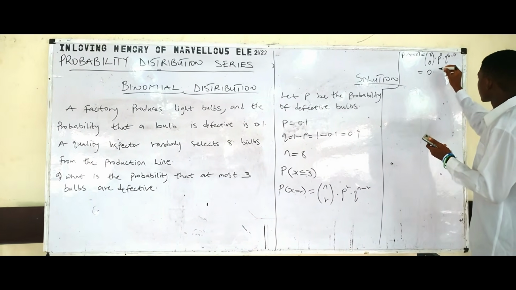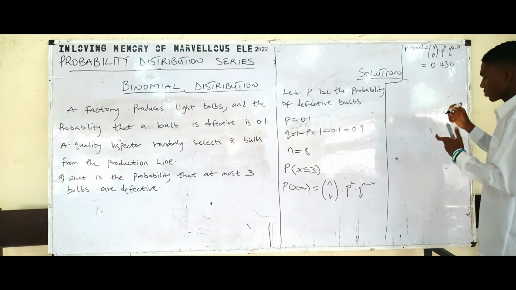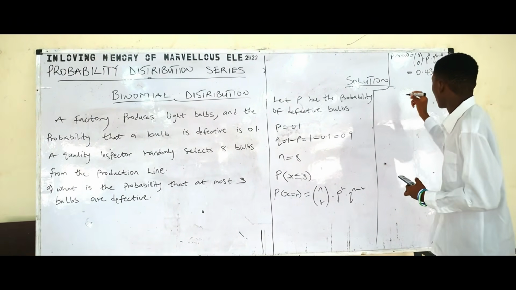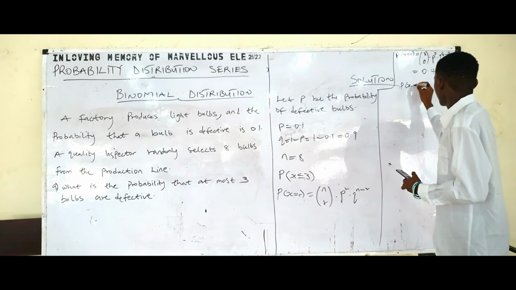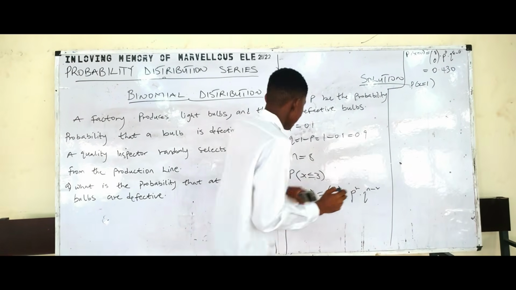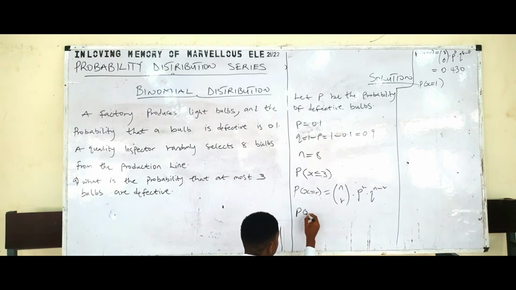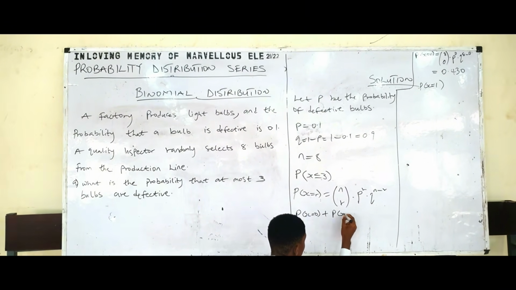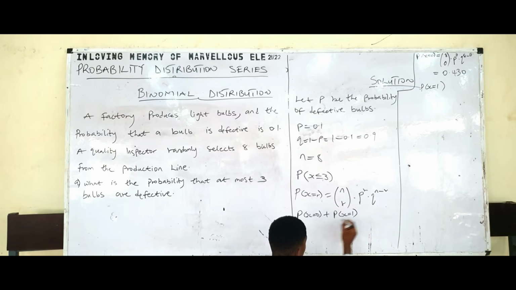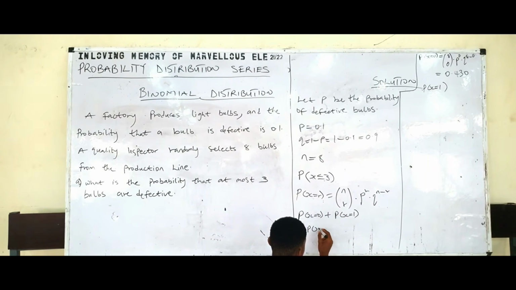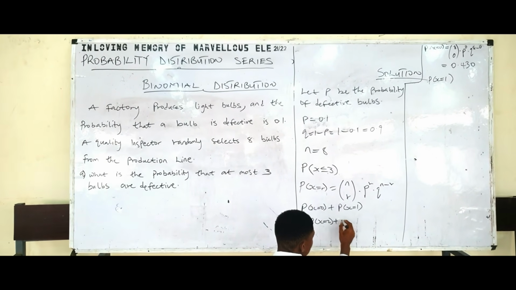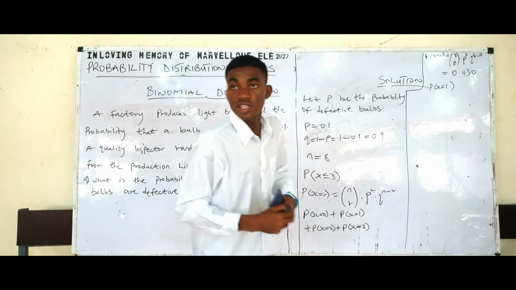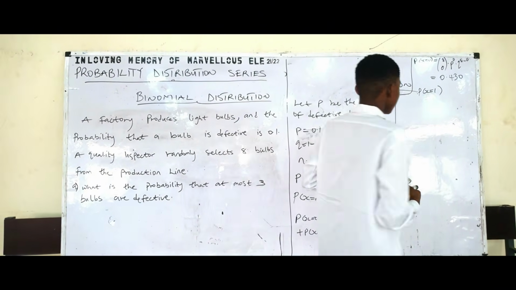You get 0.430, which is when x equals 0. We continue. Because we said at most 3 is the probability when x equals 0 plus when x equals 1 plus when x equals 2 plus when x equals 3.